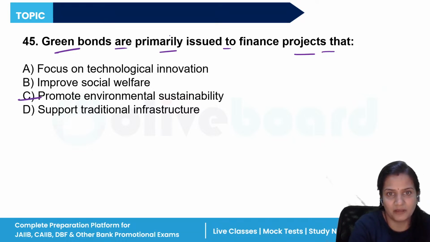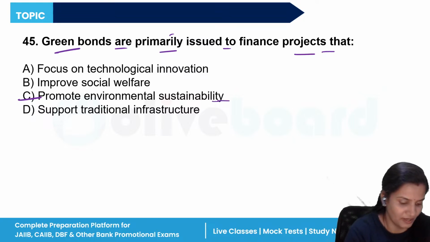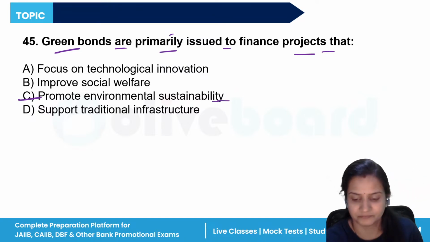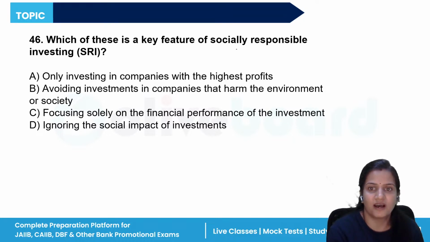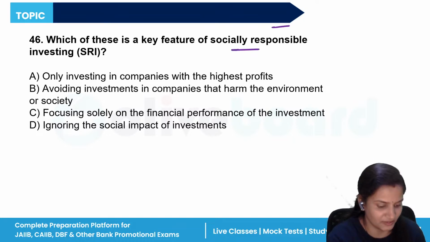So green bonds are primarily issued to finance those projects which help in the betterment of environmental sustainability. Clear? Now, which of these is a key feature of SRI, socially responsible investing?